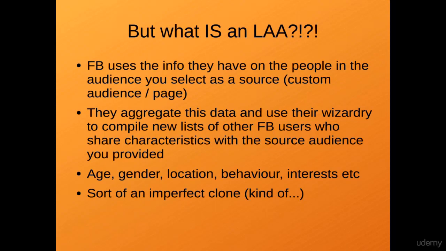Now, these characteristics can be age, gender, location, behavior, interests, and other things too. And they're sort of a clone of your previous audience. They're a clone of your custom audience, or a clone of the people who've interacted with or who have liked your page. They're not a perfect, exact clone, so they're an imperfect clone. They're very similar, but they're not quite the same.